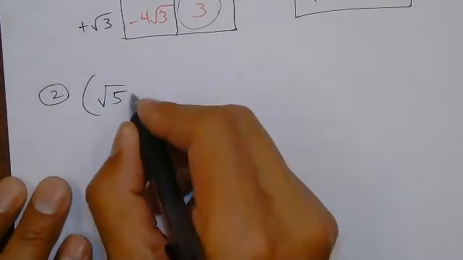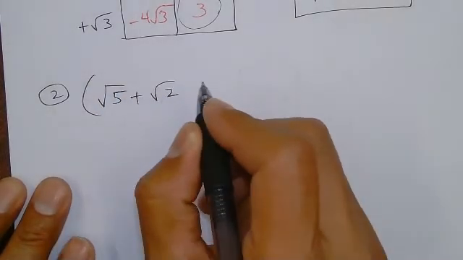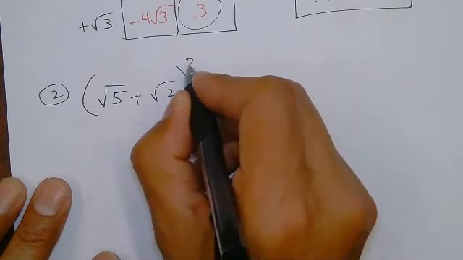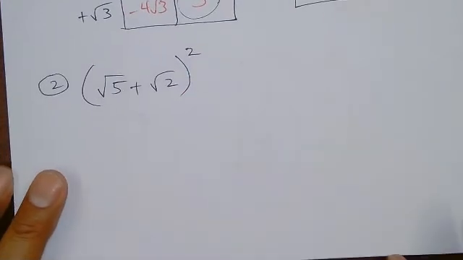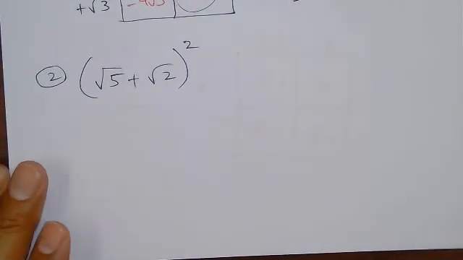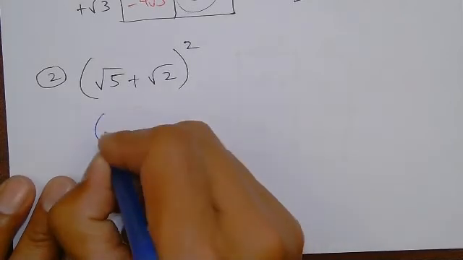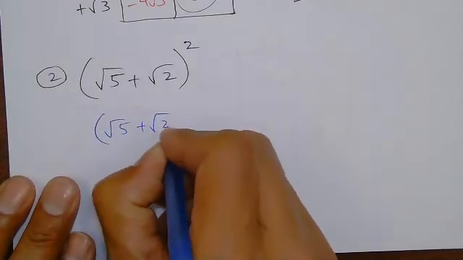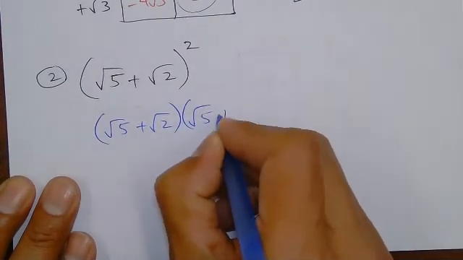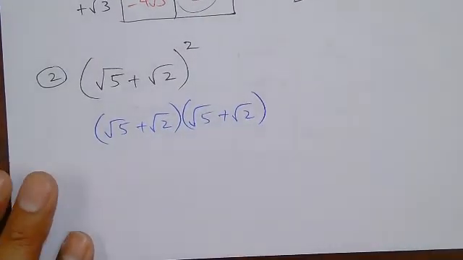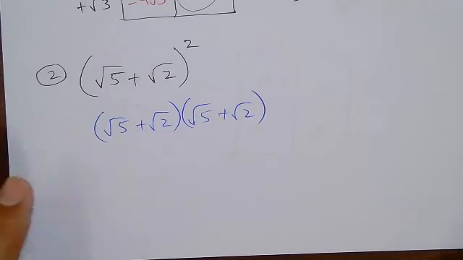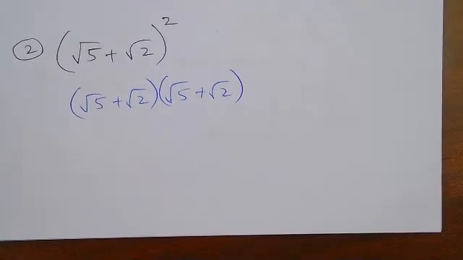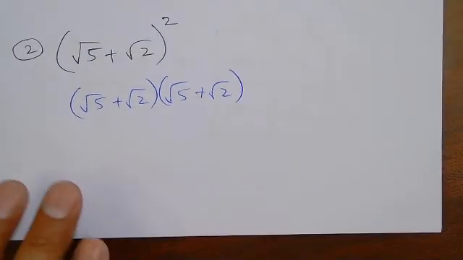What about the square root of 5 plus the square root of 2, squared? Have we seen that before? Oh yeah, that means that there are the same thing being multiplied to itself twice. Okay, well, is that a Punnett Square problem?